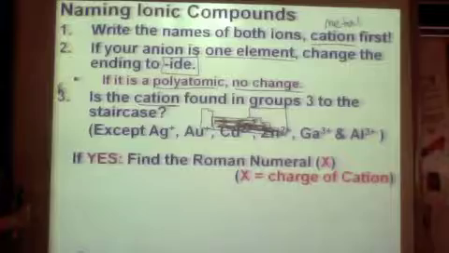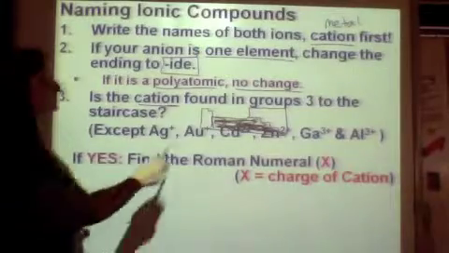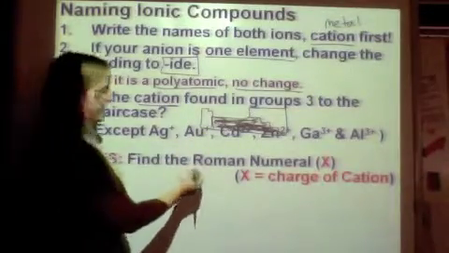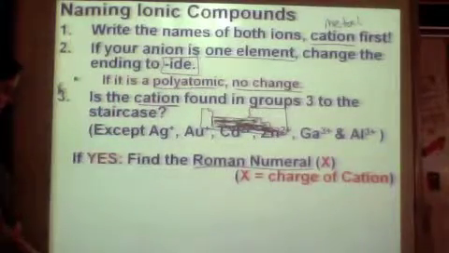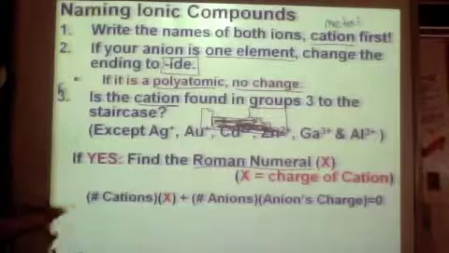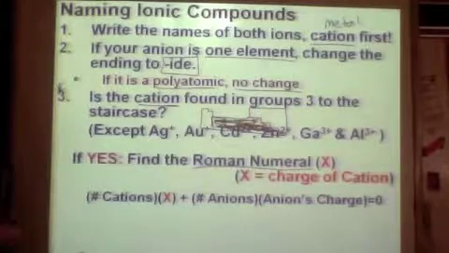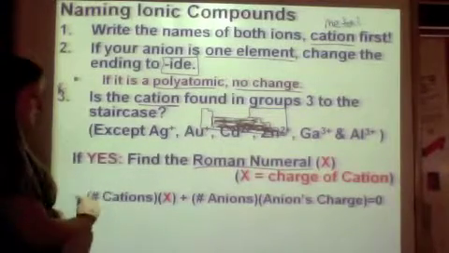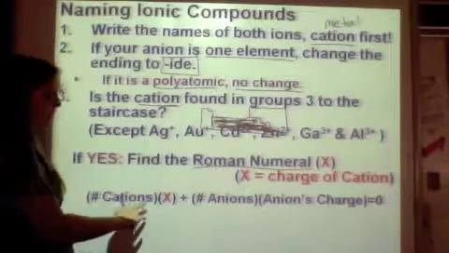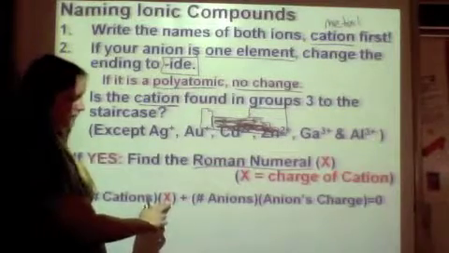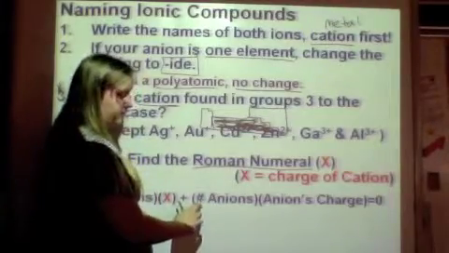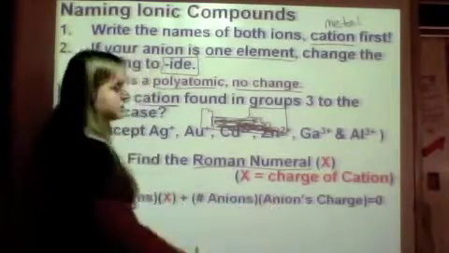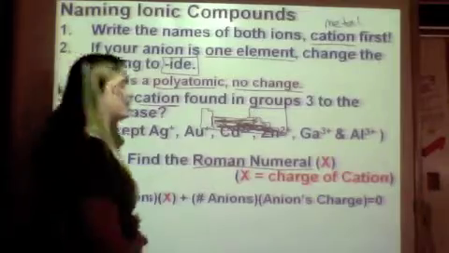If the answer is yes, your metal does fall between 3 and the staircase, you must find the Roman numeral by using this equation. And this is one of those things that I have to do for you to really understand. So it's just the number of cations, which is the subscript of the cation, times x, this is your Roman numeral, plus the number of anions, subscript, times the anion's charge, equals 0.